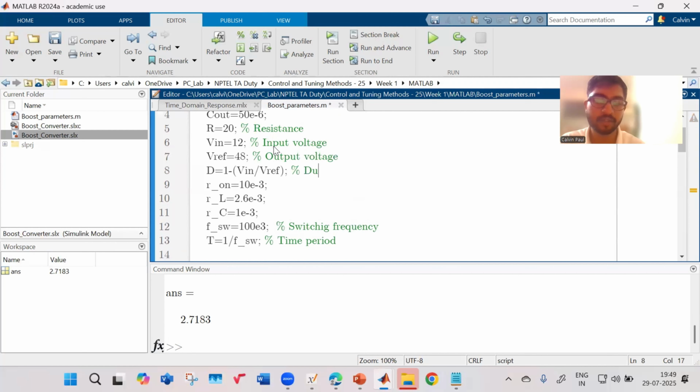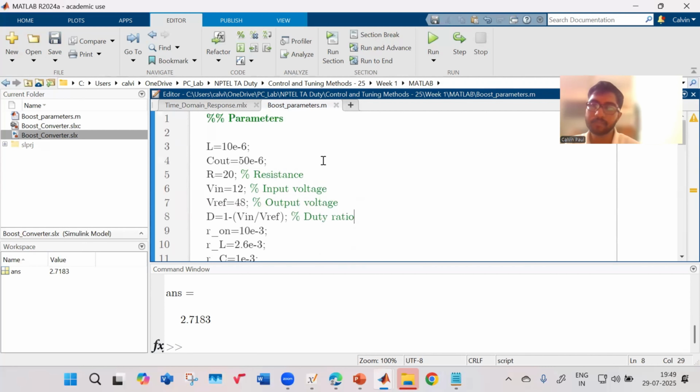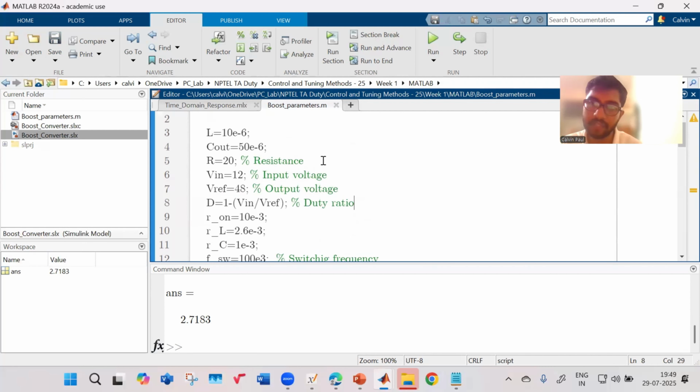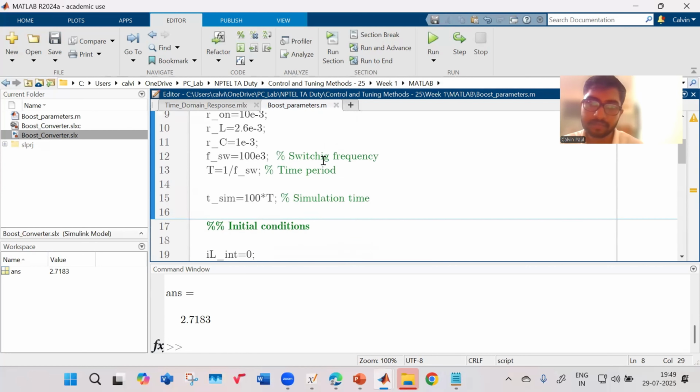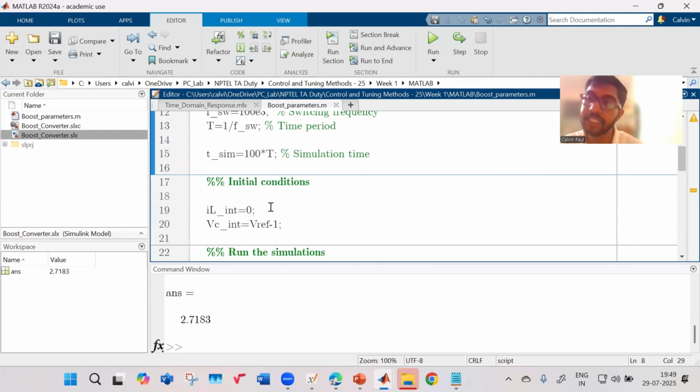This is the duty ratio. These are the things I have defined in the script file. Next, there are certain initial conditions. This is my initial inductor current, which is 0. Similarly, my initial output capacitor voltage.